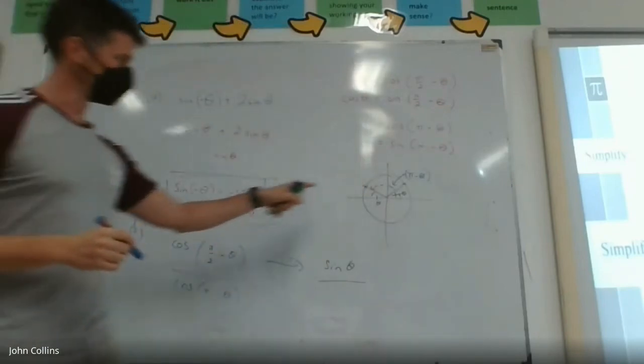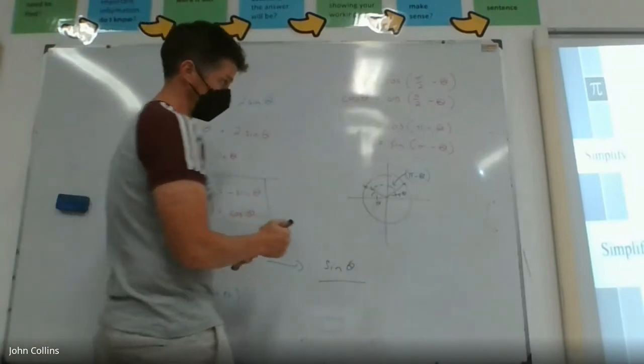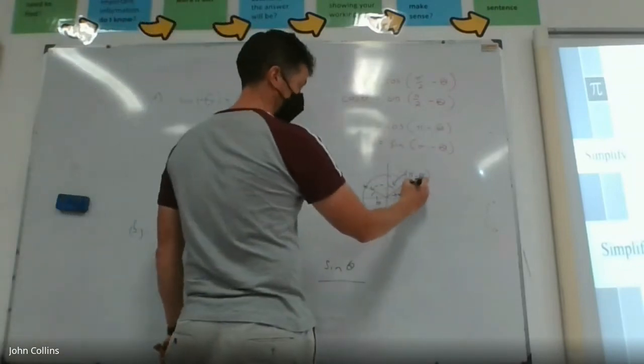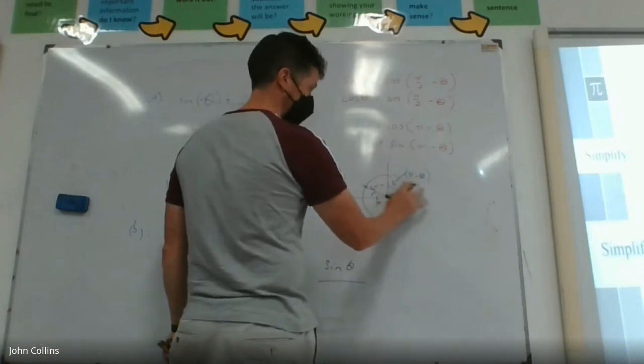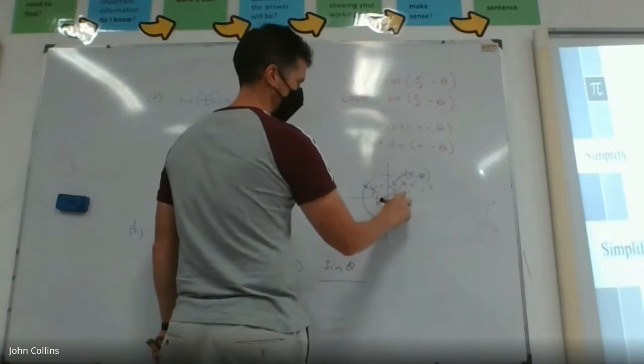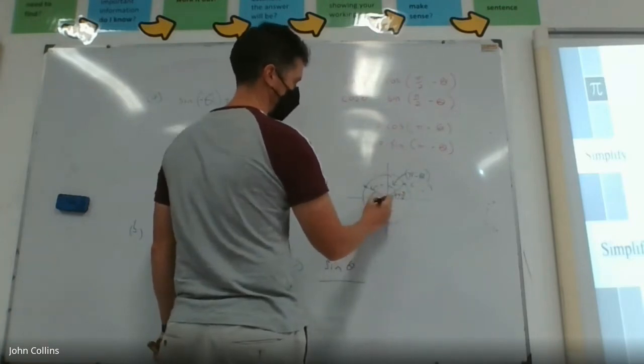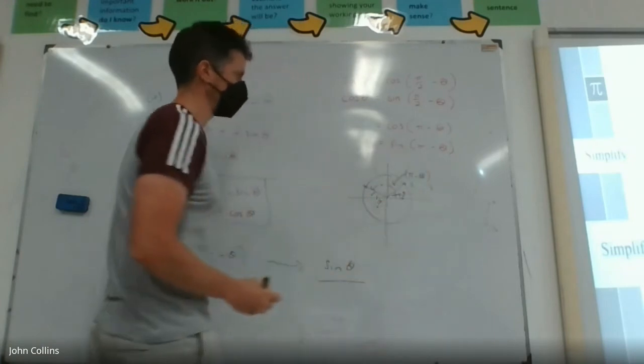If theta is the same here and here, although it doesn't look like it on my diagram, if cosine theta is a half here, so let's put in the point. There's going to come sine as well. The whole point, let's do pi over 6 again. So theta is pi over 6.